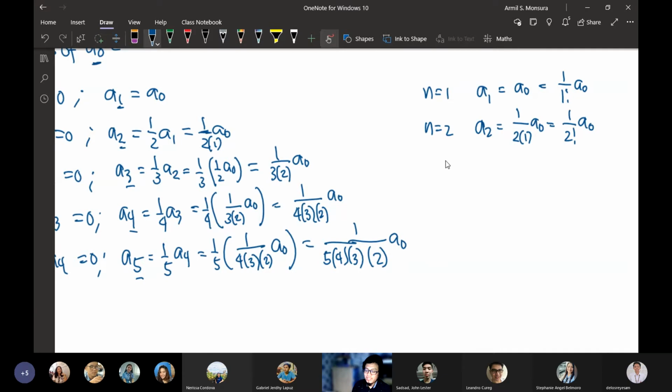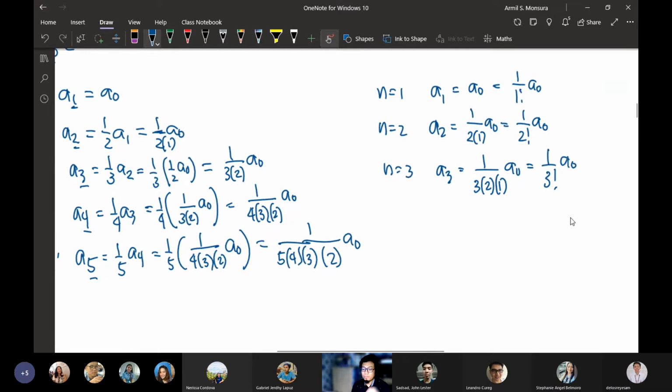Ayun. Sumagot. Anyway, so I'll continue ha. N equals 3 is a3 equals 1 over 3 times 2. Okay? And pwede ko naman lagyan ito times 1 without actually changing the value. Because this is just multiplied to 1. So this is 3 times 2 times 1 multiplied to A0, which can be written as 1 over 3 factorial times A0. Okay pa tayo?